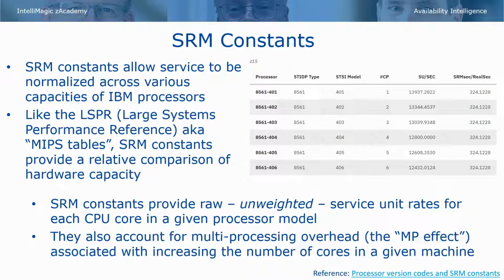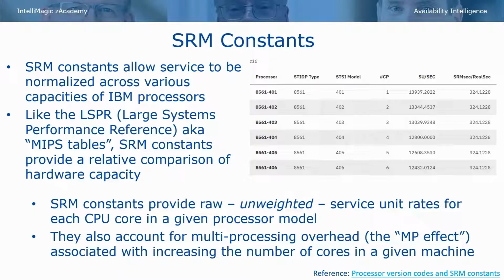The idea being that you can say, well, what is the service unit rating for a core on this box versus that box, so I can see what that's going to look like as I change hardware. Now notice in the table snippet here, the service unit SU/sec, that's service units per second column.